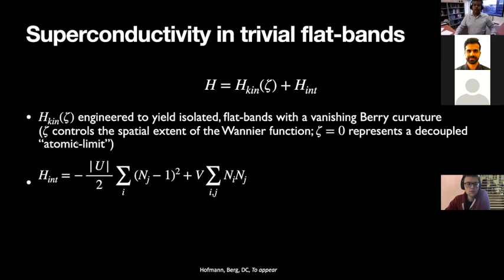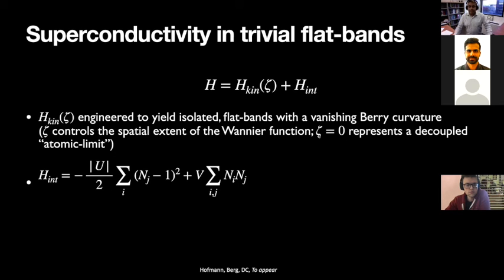Zeta actually controls the spatial extent of the Wannier functions. One important thing to remember is that the band is topologically trivial, so I can construct exponentially localized Wannier functions, but I can imagine tuning the minimal spatial extent associated with these Wannier functions. And there's nothing wrong with having a finite spatial extent, meaning a finite Fubini-Study metric, even when the Berry curvature identically vanishes.